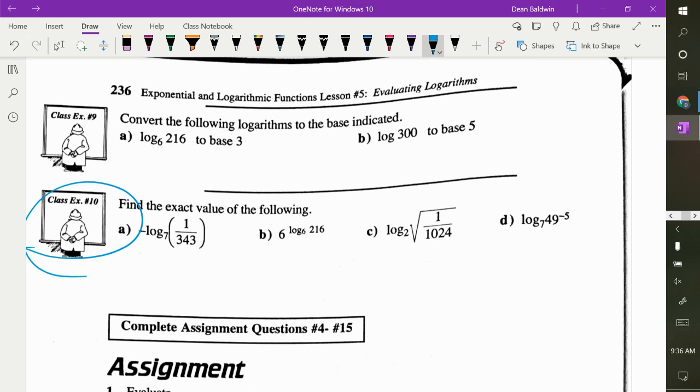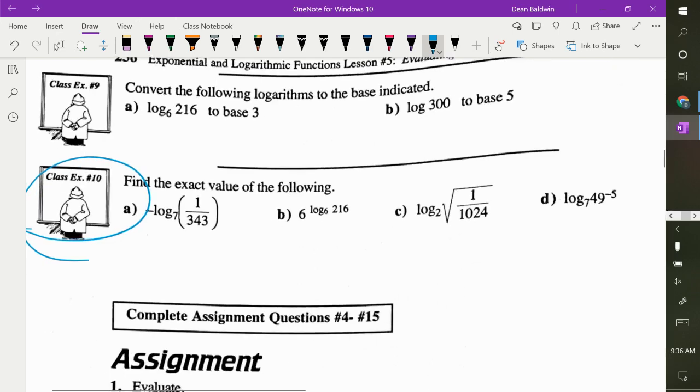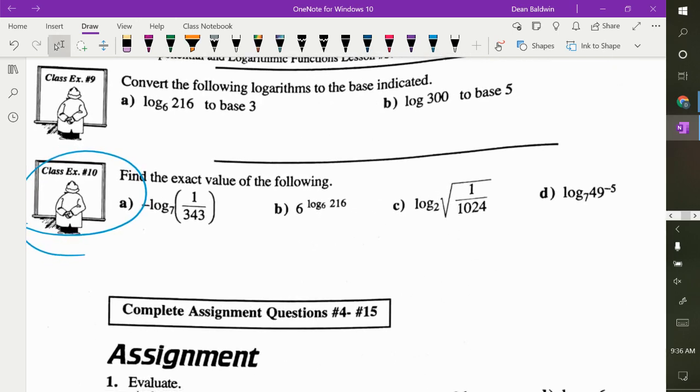All right. Negative log base 7 of 1 over 343. So ask yourself, can 1 over 343 be made into base 7? So first of all, you have to flip the fraction. And 7 to what power is 343? It's 3.